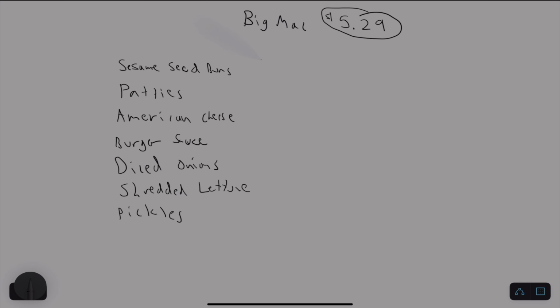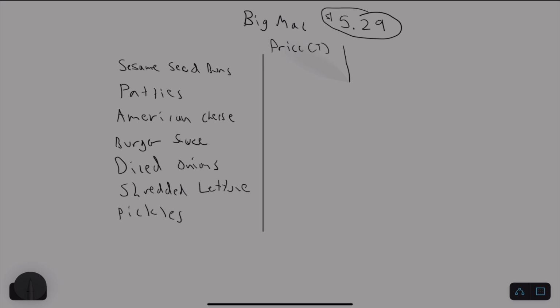So what we're going to do is divide this up into 3 different categories. The first one is going to be our total price. I'm going to put this as price T. And that is the total price that you would get in a grocery store if you were to get everything as is. So usually, for example, sesame seed buns or hamburger buns in general usually come in 8.